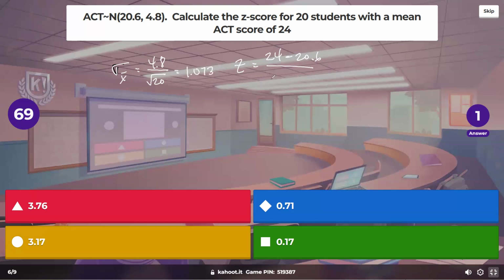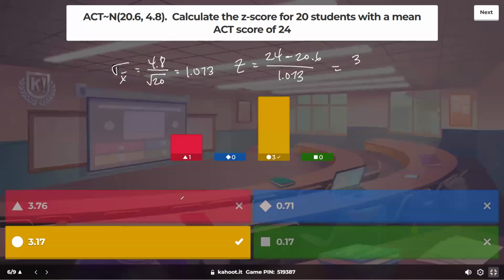1.073. Okay. So it looks like it's one of the two numbers on the left. Yeah, so this one right here.